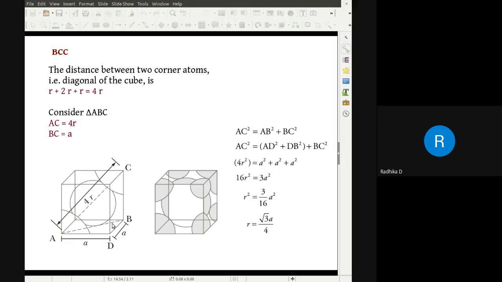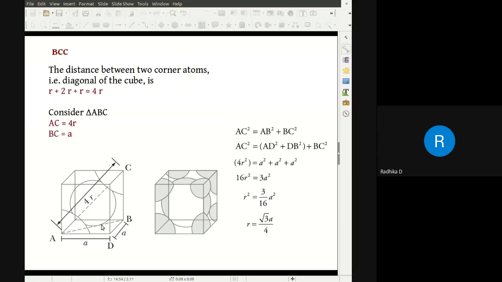So for that, what am I doing? I consider this point D, and I consider another triangle ABD here at the bottom. I have the length AD as A, BD is also A. So obviously I can apply the Pythagoras theorem and find the length AB.